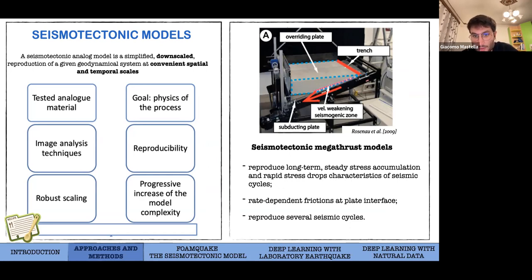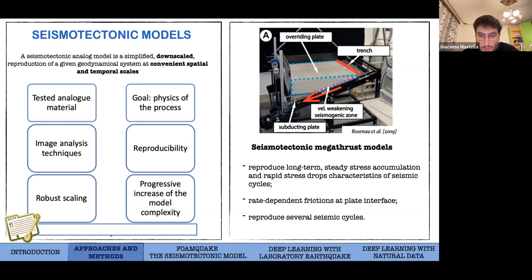And second, the frictional behavior of seismotectonic megathrust models can be described in the context of the rate and state framework, which is the empirical framework generally assumed to model the frictional behavior of natural faults.